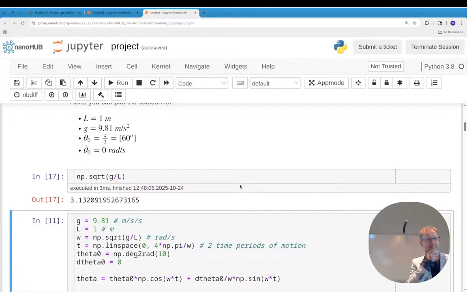Saying that your frequency should be, or the time. The frequency is 3.13. The time should be 1 over that. Our time period should be, is it 1/3? It's not 1/3, right? So what are we doing wrong here?